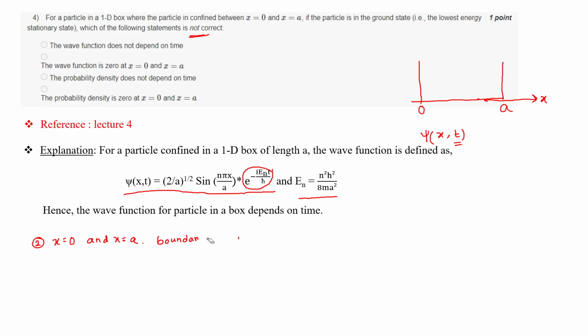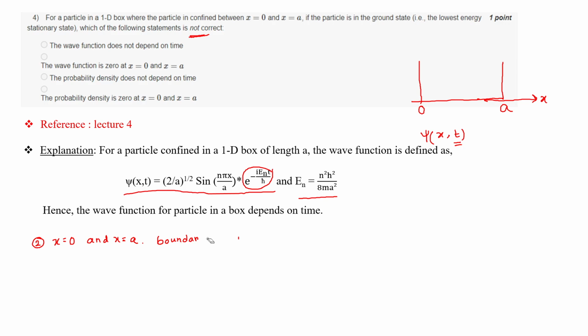Okay, so the probability density does not depend on time. Fine. So what is the probability density? Do you know the formula? How do you know the probability density? Say it, anybody?